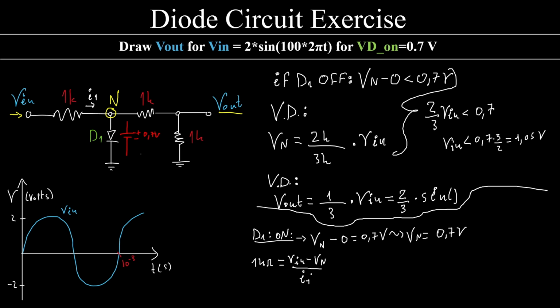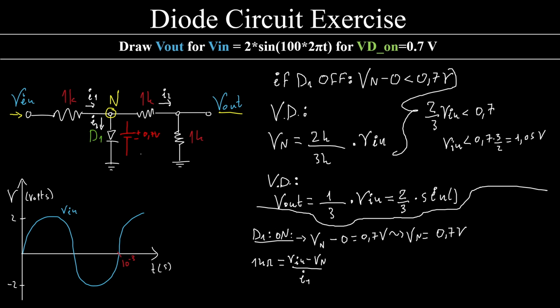Now, how much is this I1? Well, this I1 comes inside the N node and then splits into 2. Notice the current that would flow from this node all the way to the ground. Let's name this I2 perhaps. Well, this current is strangely not going to be affected by the input voltage. We understand why: there is also going to be a third current over here.